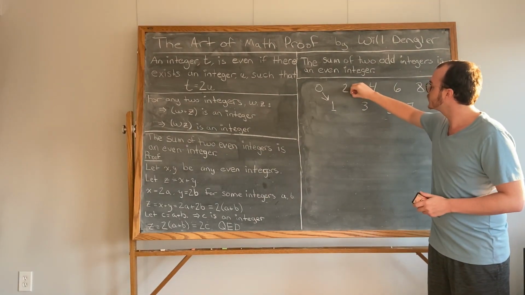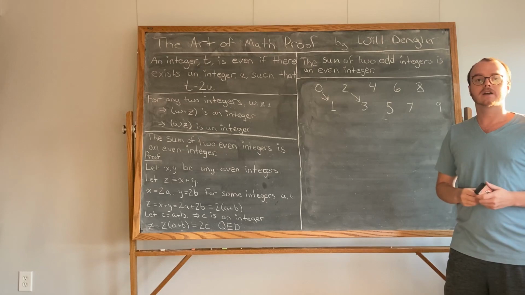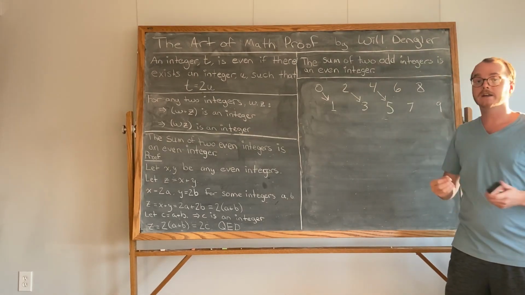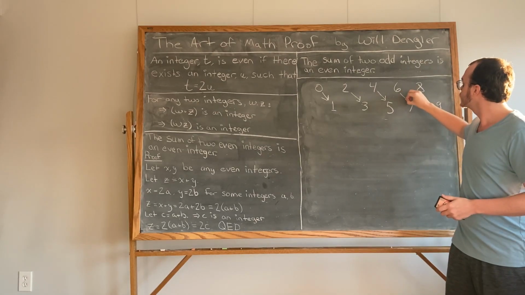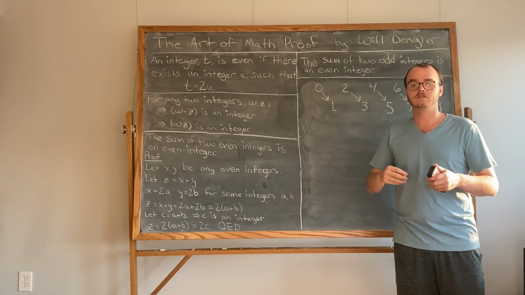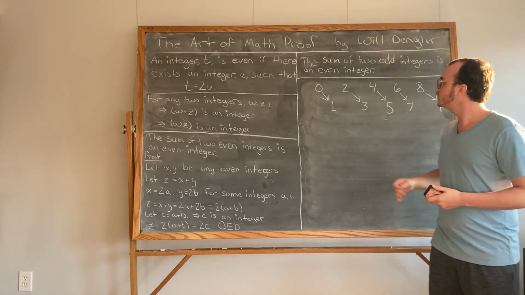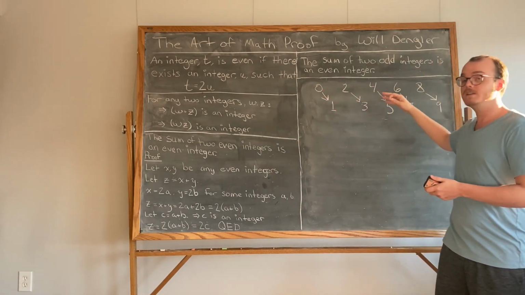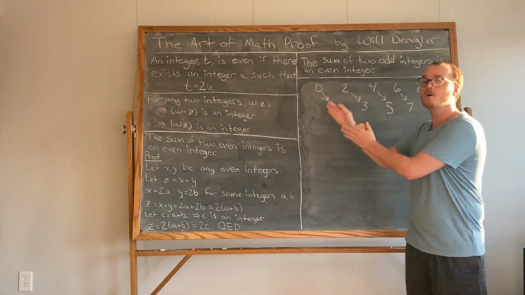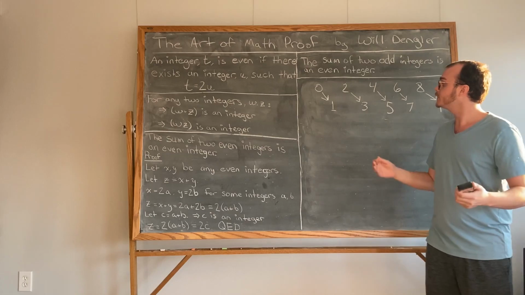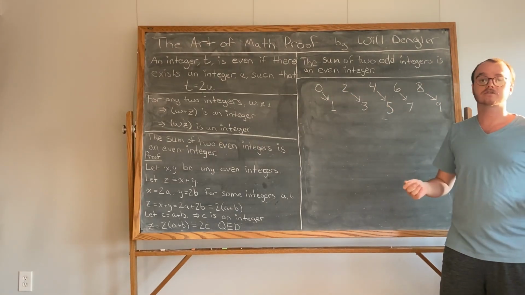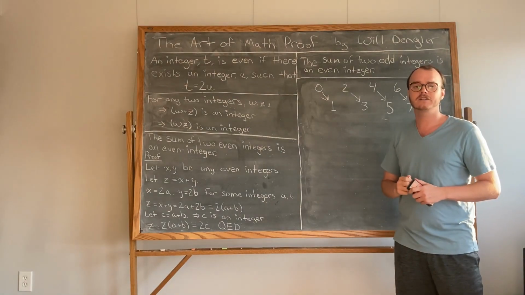And I can take 2 and turn it into 3 by adding 1 to that. And 4 can go to 5 by, again, adding 1, and 6 to 7, and 8 to 9, and so forth and so on. So if we have the even integers, we can get all the odd integers by shifting them over one value, or in other words, by adding 1 to the even integers. That will give us the odd integers.